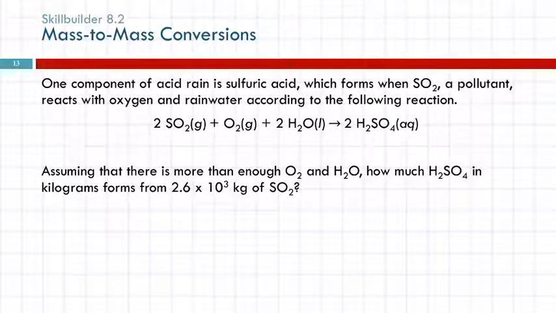Okay, let's write this down. So I'm given this number of kilograms of SO2. So I'm going to write that under the formula for SO2 in the equation. 2.6 times 10 to the third kilograms. Okay? In the question, how much H2SO4, so over here is H2SO4, question mark.